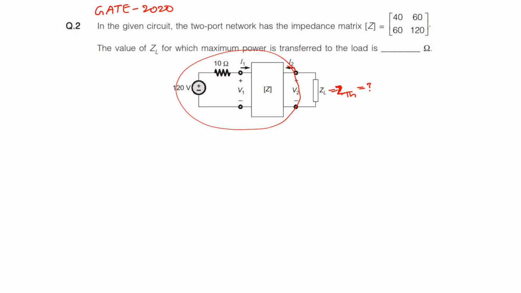So if you want to calculate the equivalent impedance across any two terminals of a circuit, simply first you have to apply a voltage source across those two terminals, and no other voltage source should be present in the circuit.